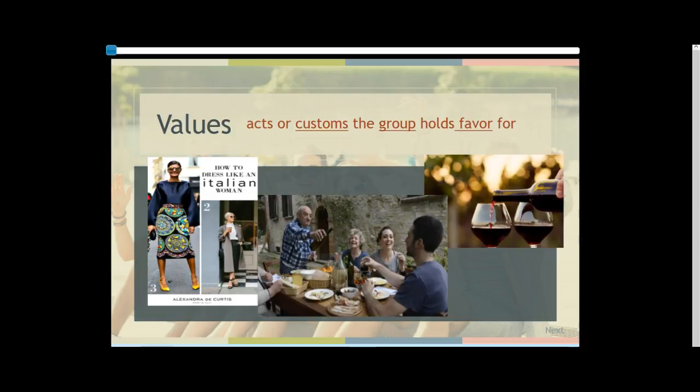I feel sometimes my values are geared more towards that and just being able to be around family. And so the values are stuff that you hold to. Like even my family has their own set of family values, and our culture here in America has our own set of customs and stuff that we hold favor towards.